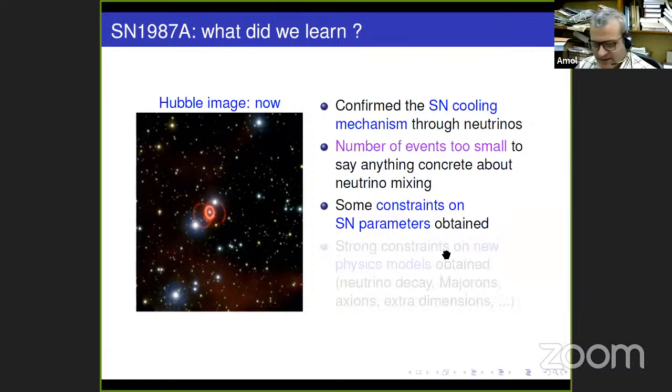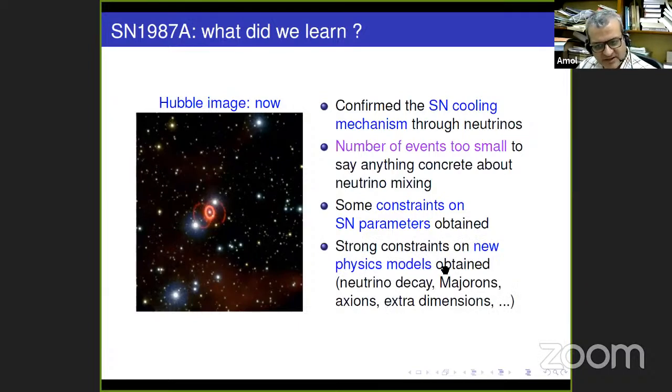And what that does is that it puts very strong constraints on new physics models. Theorists like me are very creative, and even without having evidence, we like to propose new particles just to see what they will do. So there are many kinds of new physics models proposed by theorists about neutrino decay, whether inside the supernova there are particles called axions that get produced and come out, or particles called majorons which may come out.